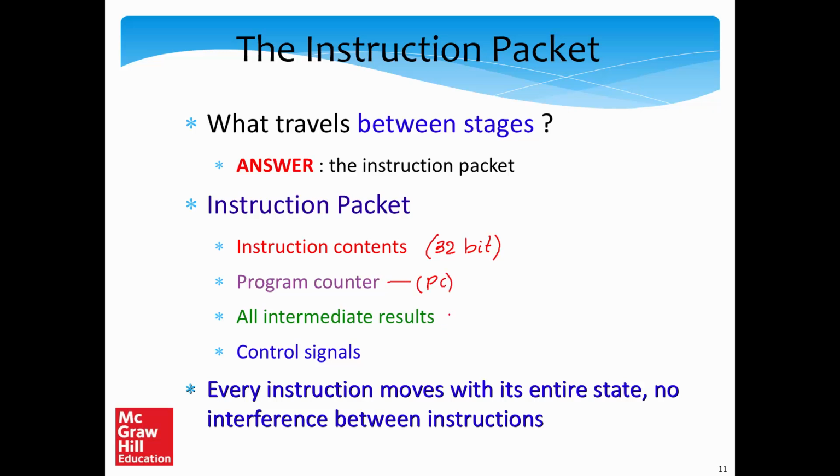All the intermediate results that we compute, and the results that are required in the subsequent stages, also move along with the packet. And all the control signals that we require to control the multiplexers in the subsequent stages. So basically every instruction will move with its entire state such that there is no interference between instructions.